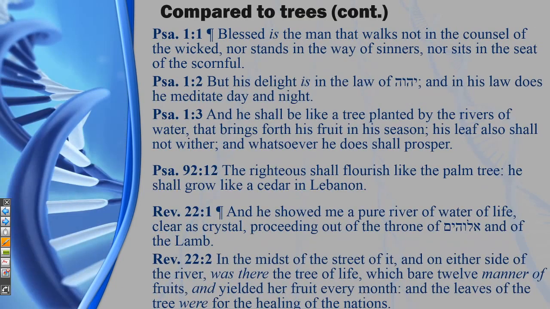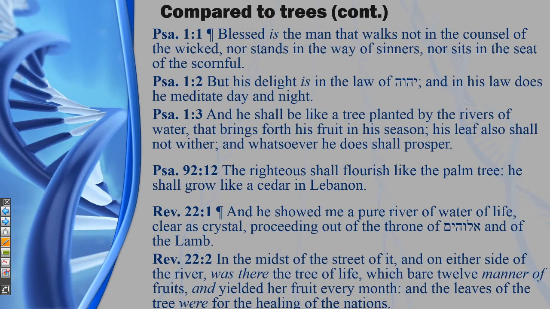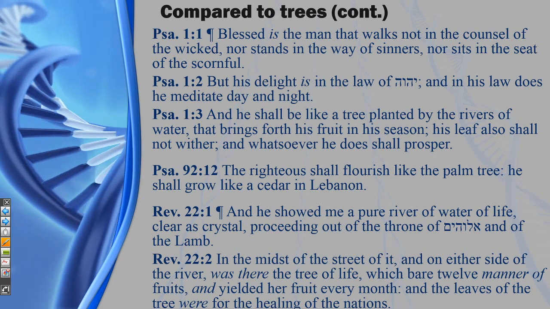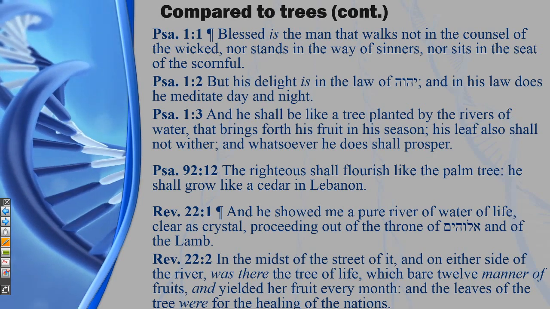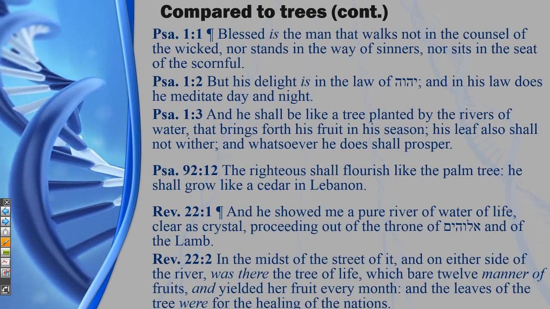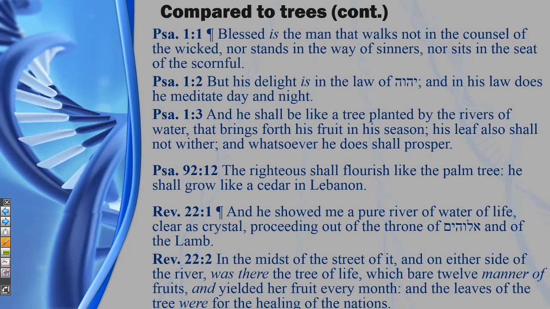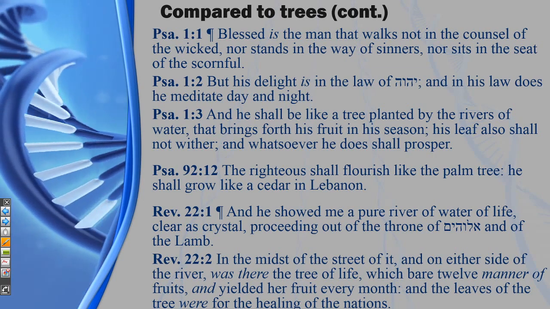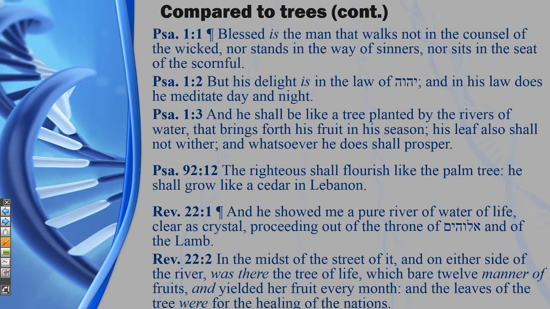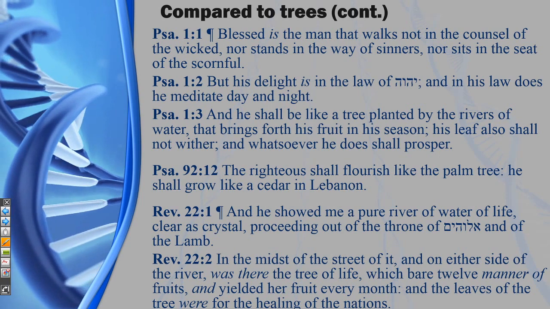All right. So Psalms 1:1 says, "Blessed is the man that walketh not in the chetzah," the counsel, same word for tree, right? The root word chetzah has the same three letters as the word for tree, but it's not the same exact root word. "Of the wicked, nor stands in the way of the sinners, nor sits in the seat of the scornful.